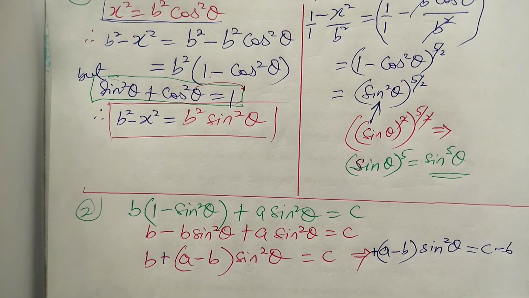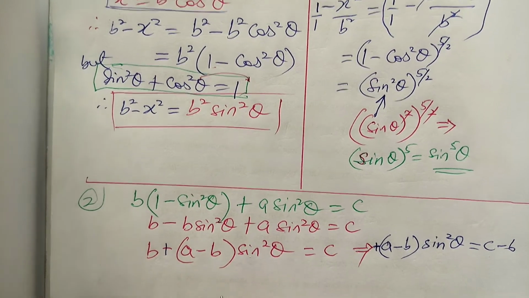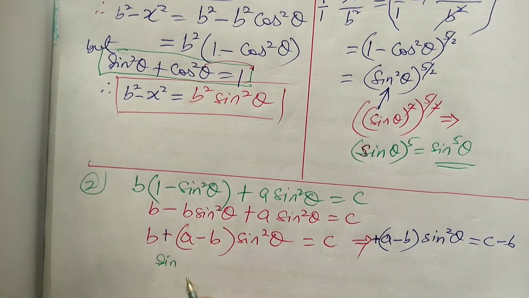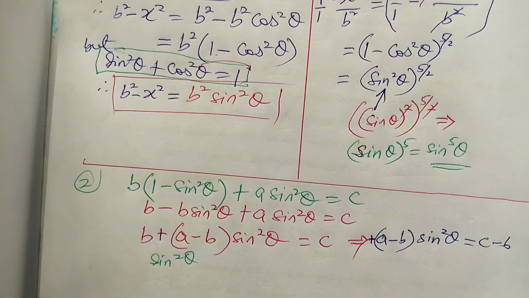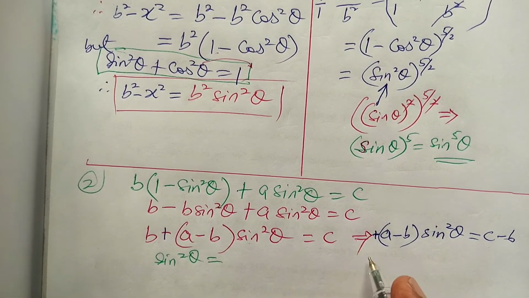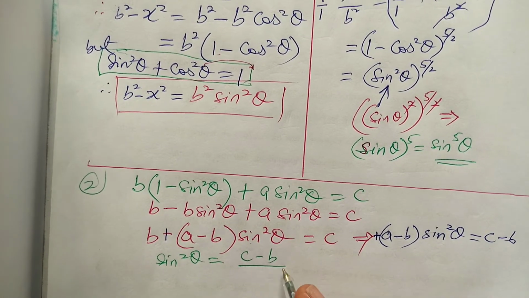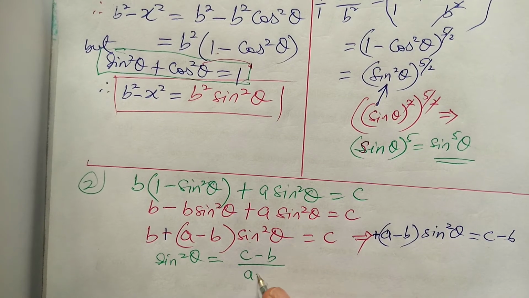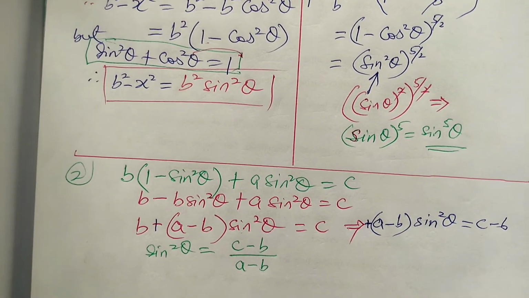Therefore sin squared theta is equal to c minus b over a minus b.